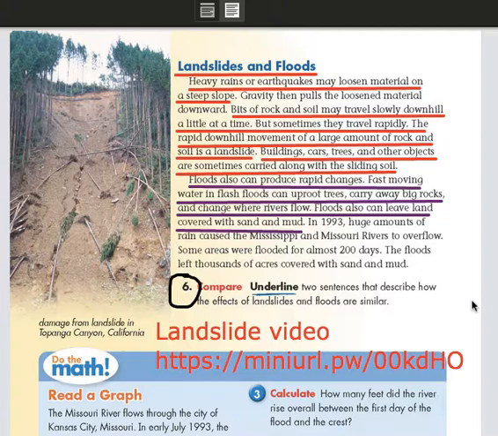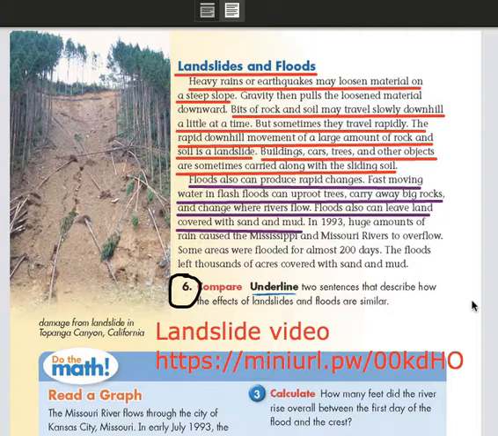Okay, so what is a flood? By definition, what is a flood? Very good, excellent. So it's fast moving water that occurred maybe due to heavy rain, and it may occur for many other reasons that you already watched in the video. So floods also can produce rapid changes to the Earth's surface by the following.